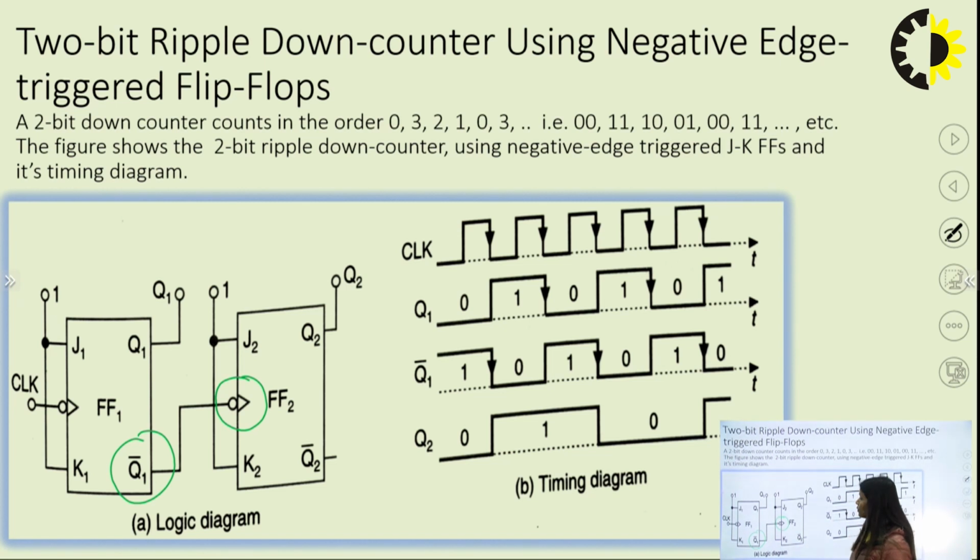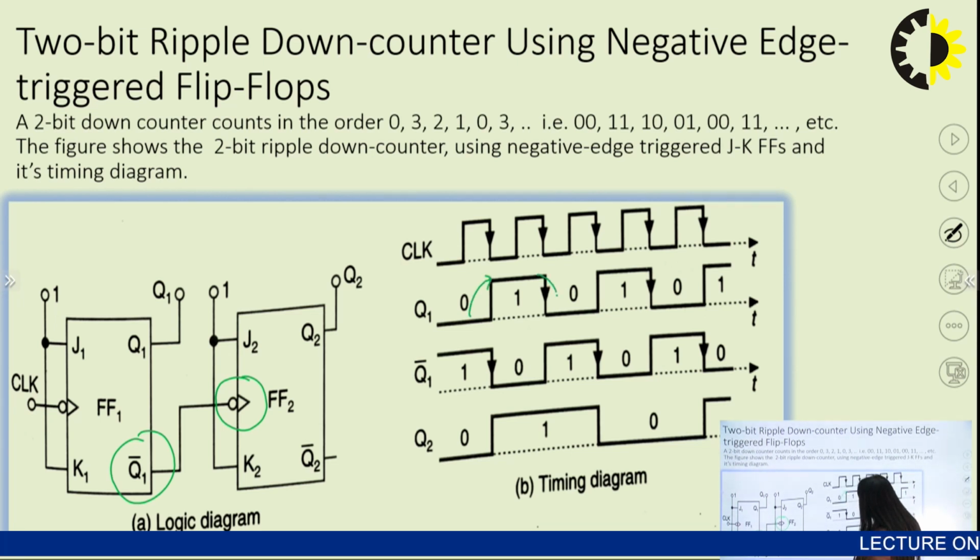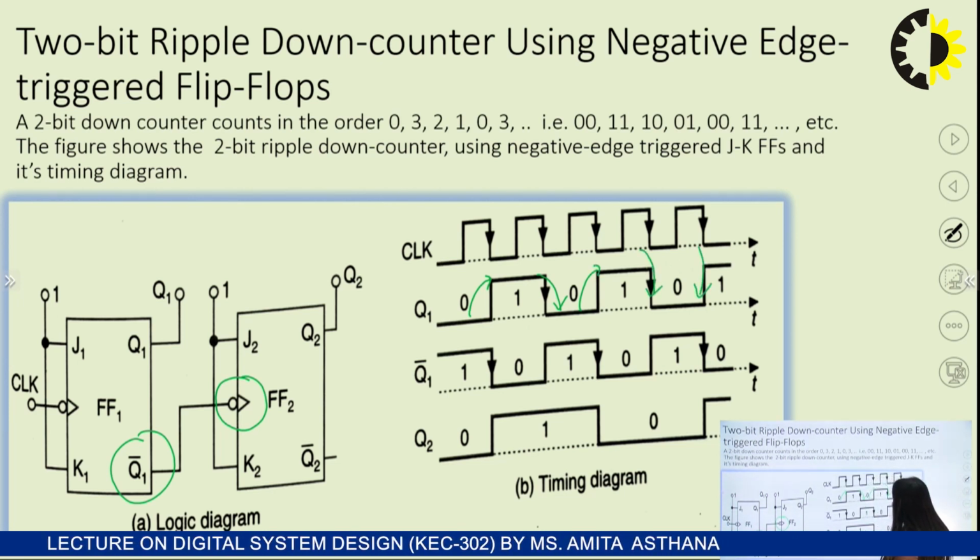So I will connect my negative output to the clock pulse of the next flip flop, and obviously since it is negative edge triggering, all the changes from 0 to 1 and 1 to 0 will happen only at the negative edge.